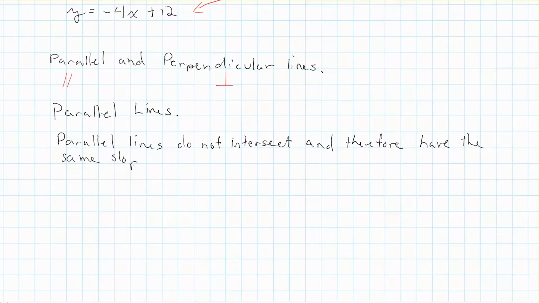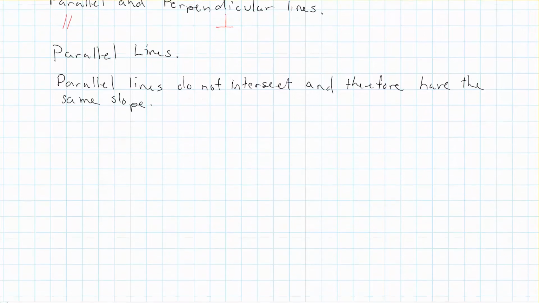You can prove that, we're not going to, but you can prove that if you have two lines that never intersect, they have to have the same slope. Just as the same way you could prove that if you have two slopes that are exactly the same, you would never have those lines intersecting. We're not going to prove those formally, but you could do that.